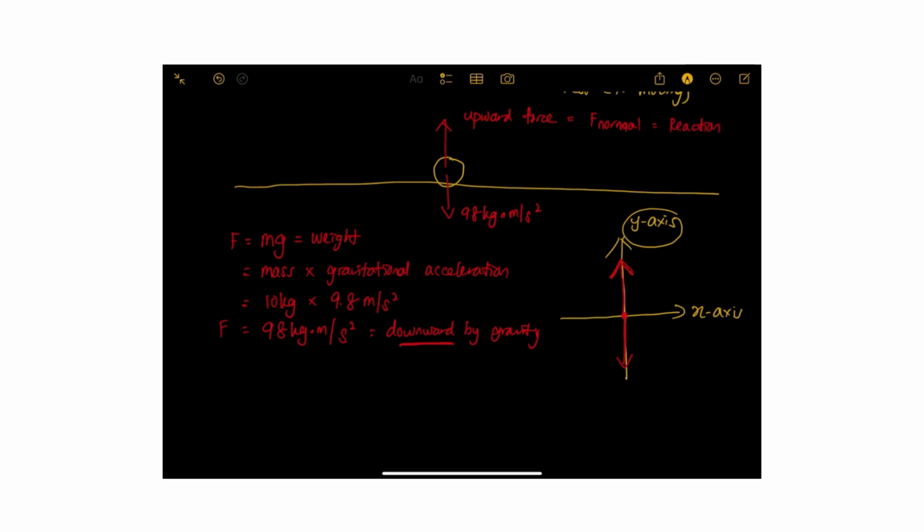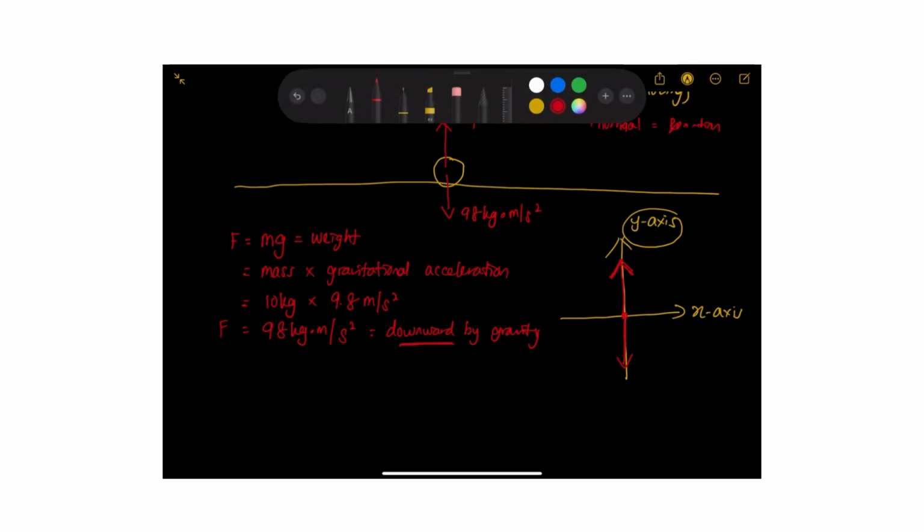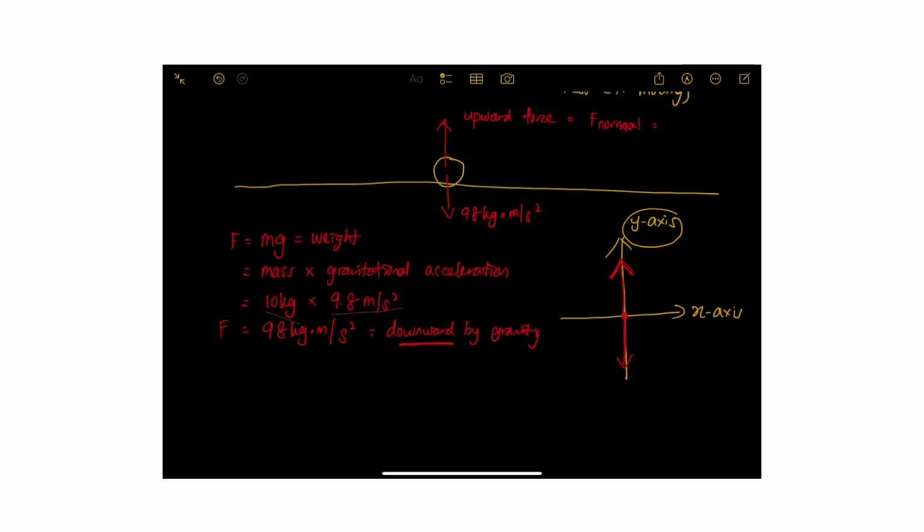So when you put an object on the ground, you will have an upward force, which is a reaction raised by the object. Alright, so the ball is now not moving. So the upward force is also 98 kilogram meter per second square.